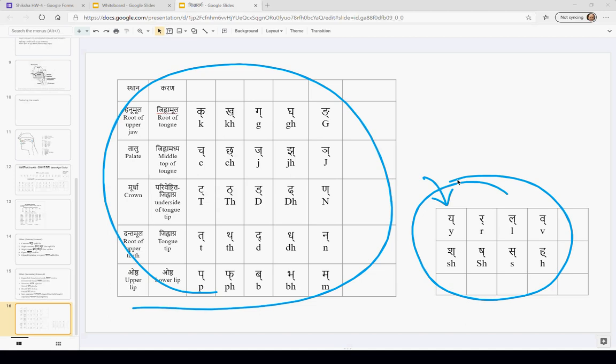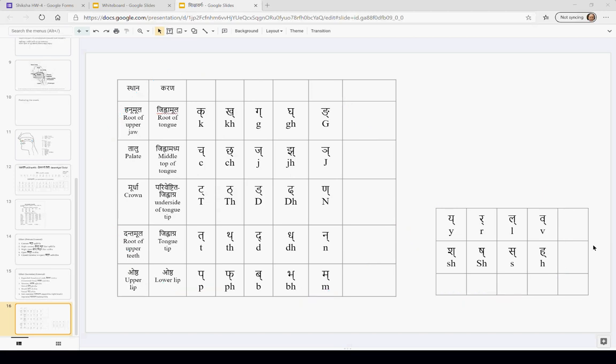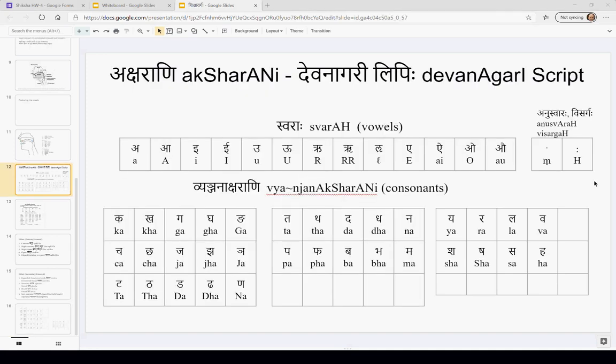Just the standalone separate line within the consonants is still remaining, which we'll cover next class. Along with that, we should be able to finish these remaining consonants and the last two also here, which are neither consonants nor vowels.